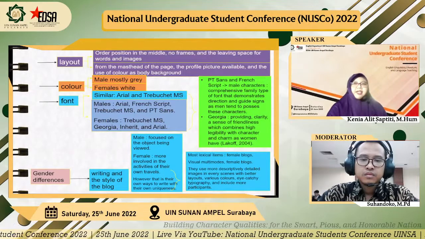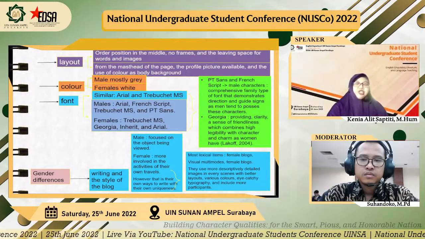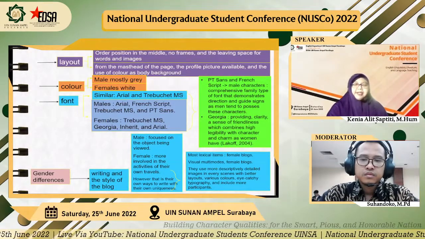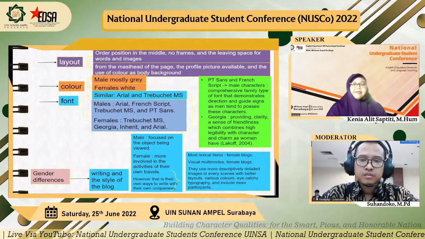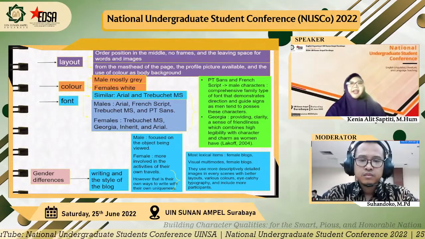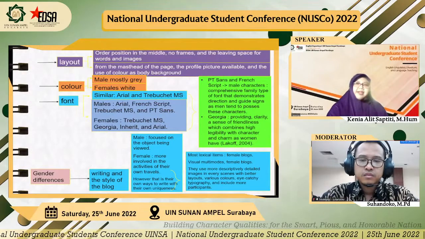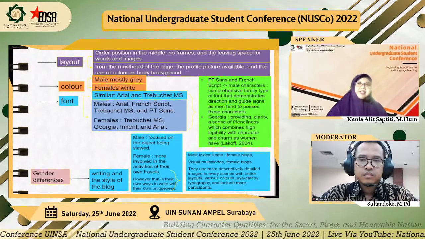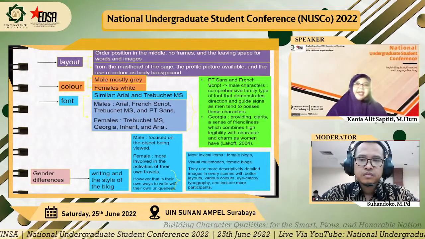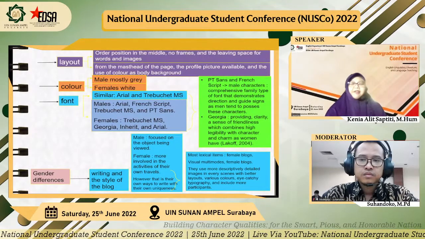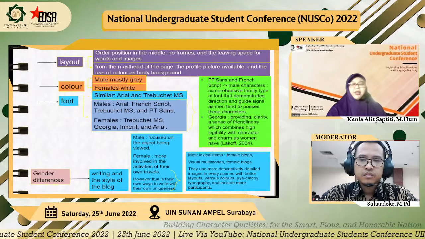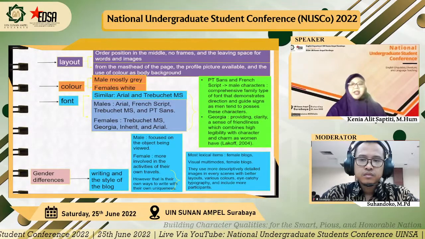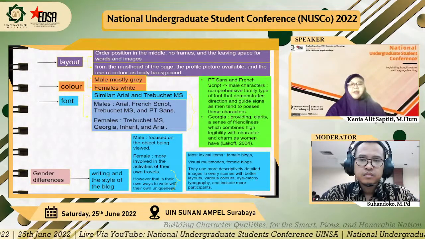We can get the notion that males or men tend to be visual, and meanwhile women are not that visual, even though certain women are very visual, but if we take a look at this style, being viewed or more visual.